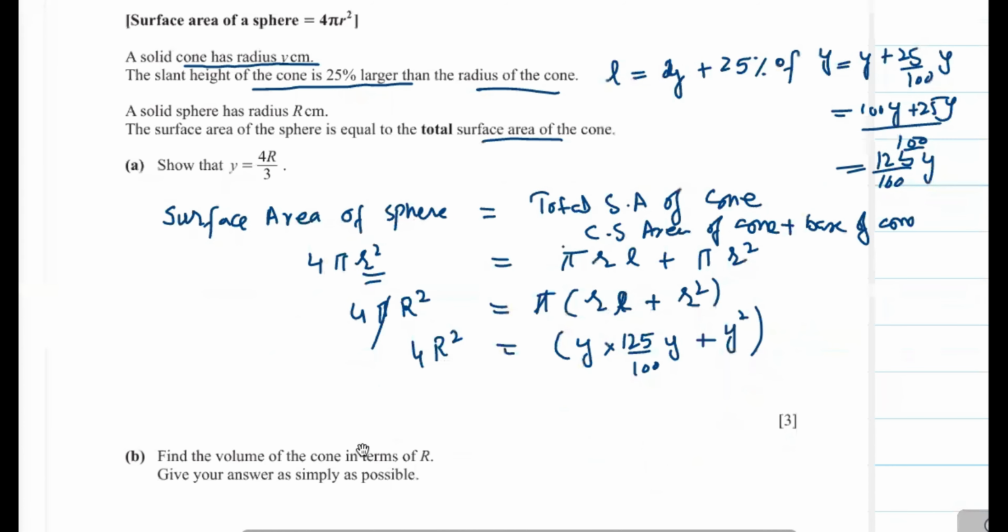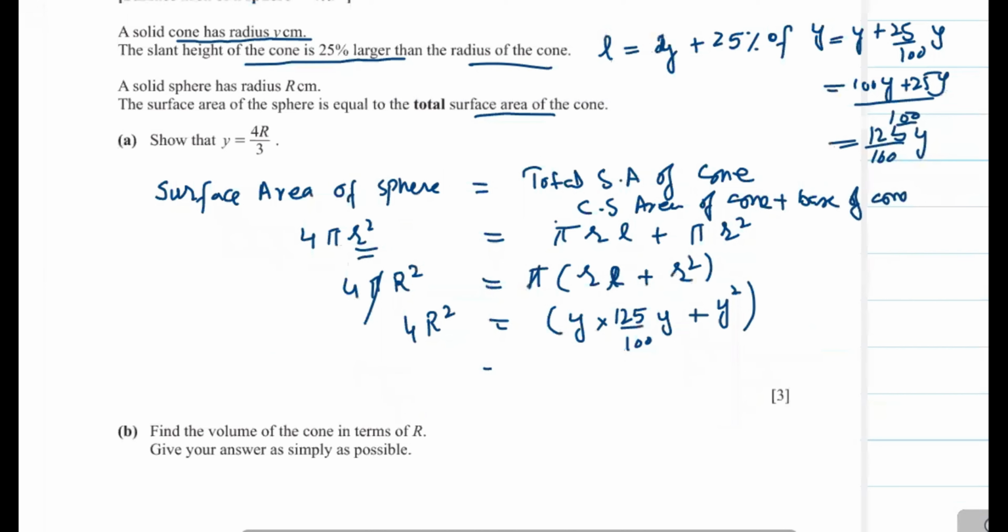Now we simplify it. That value become 25 5s are and 25 4s are is 100. Now that is equal to 5 over 4 y square plus y square equal to 4r square. 4r square will be equal to 5 over 4 y square plus y square.